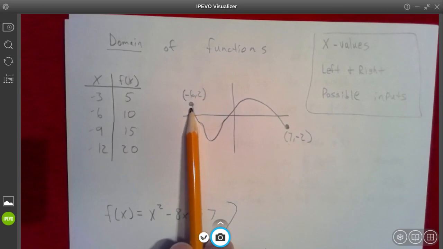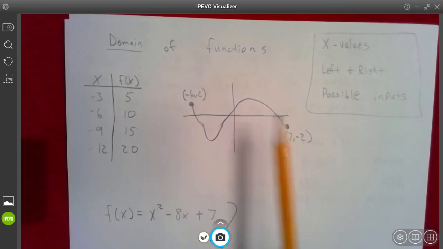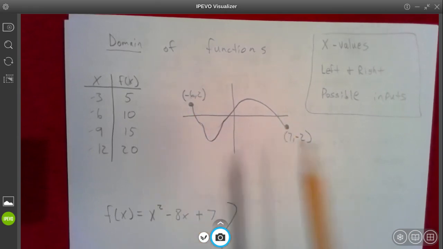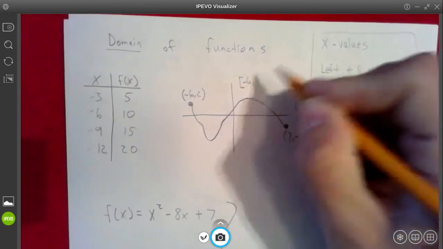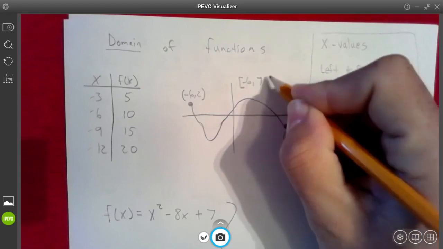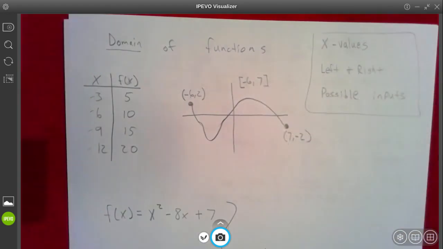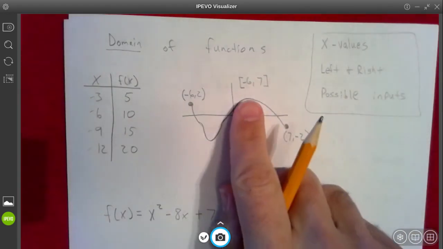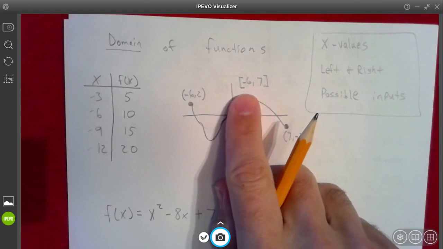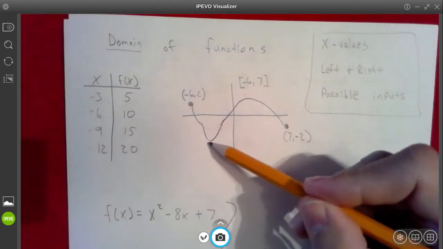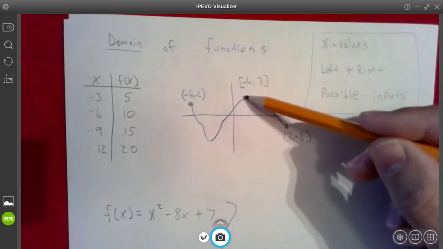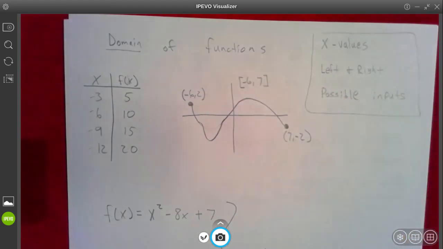It's all the numbers between -6 and 7. So you could say the domain of this function is [-6, 7] with brackets on each side. This just means the set of numbers from -6 to 7. And then the range would be how low it goes to how high it goes, whatever that is.